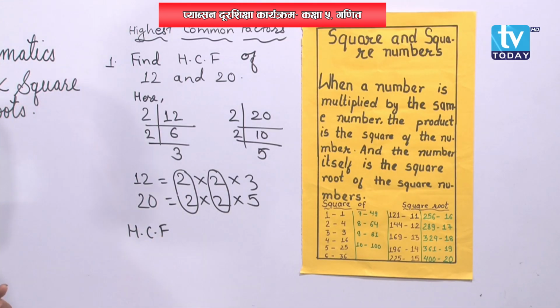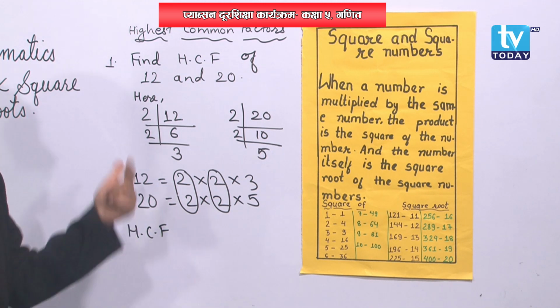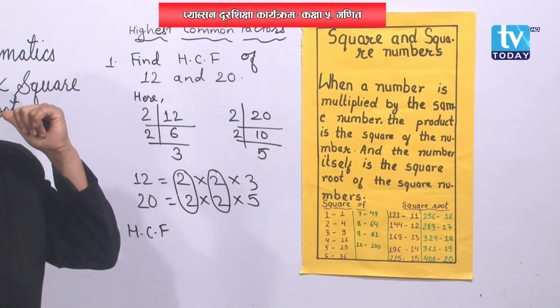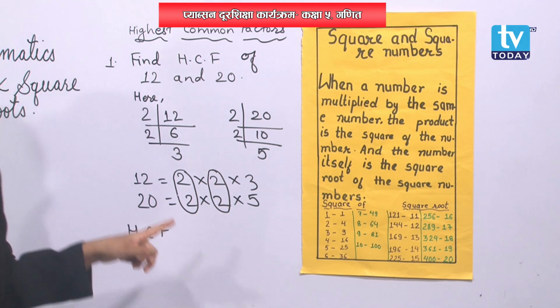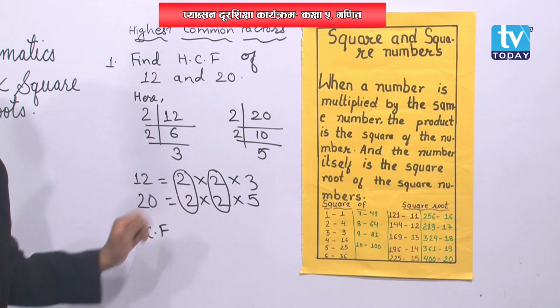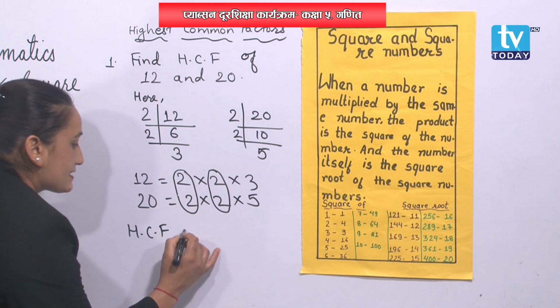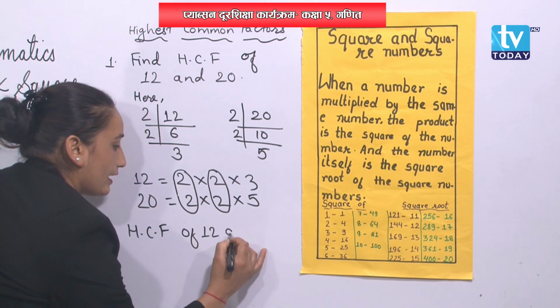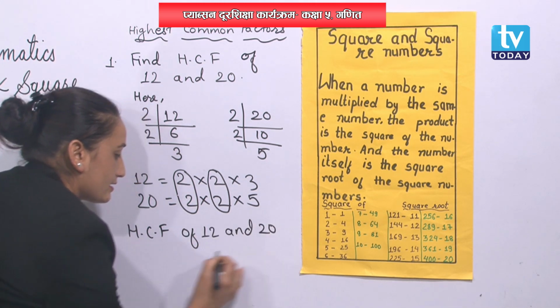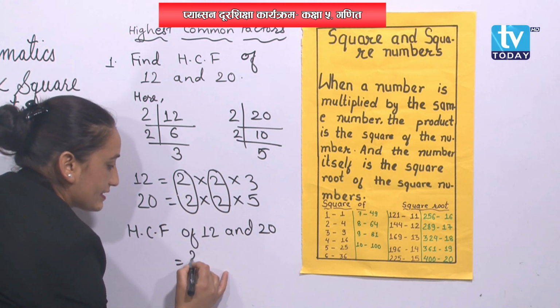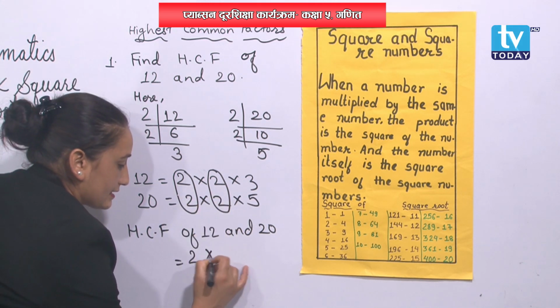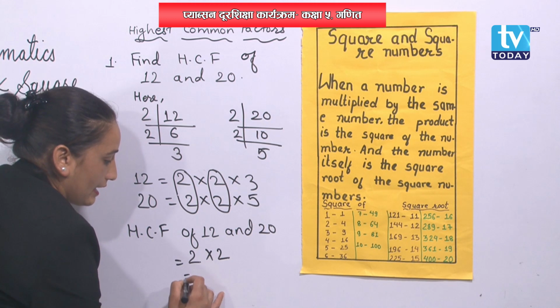Now tell me students, HCF means highest common factor. So how to find it out? Write down HCF of 12 and 20 equals 2. Let's take one 2 one time, another 2 one time. So multiply it and it will be 4.